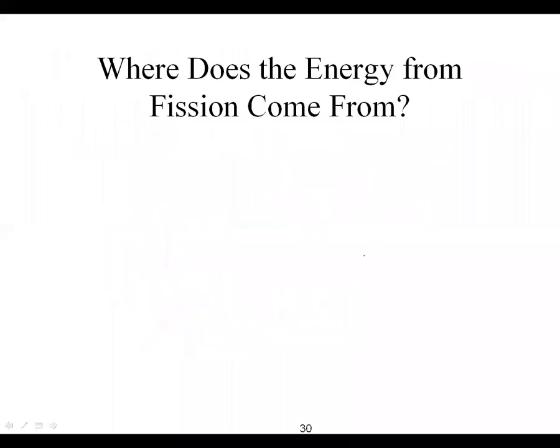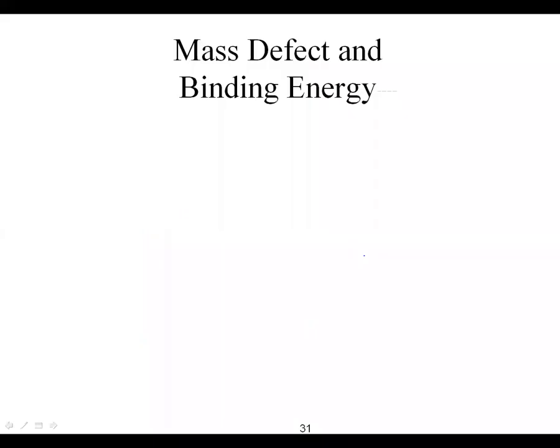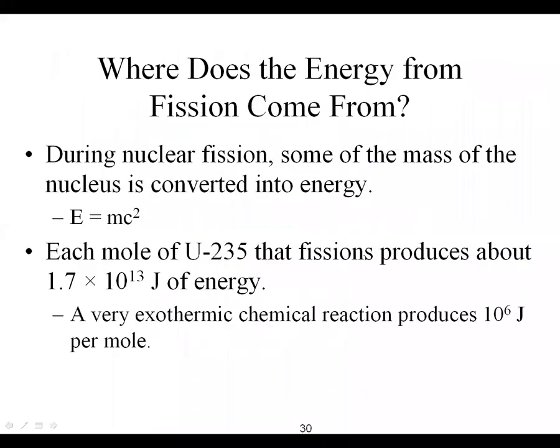So what we're going to talk about now is where the energy of fission comes from. So remember, a fission reaction essentially involves a nucleus that will break apart because it's unstable into usually two new nuclei. It could be spontaneous, or you could make it unstable by hitting it with a particle.